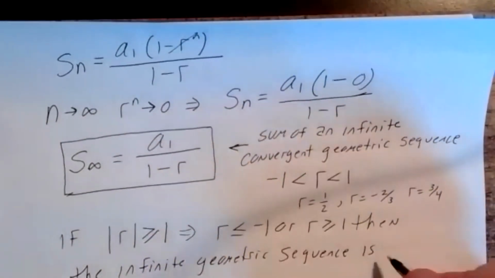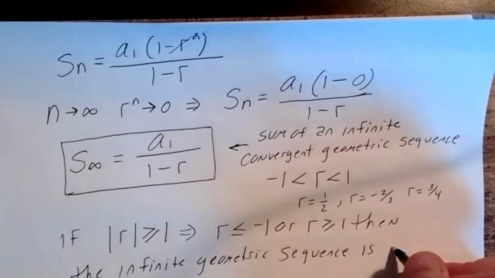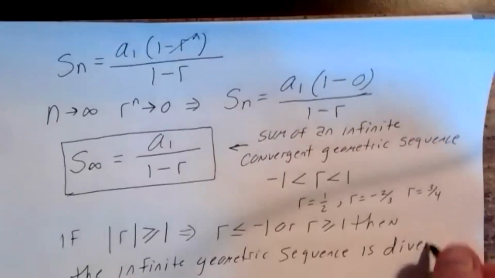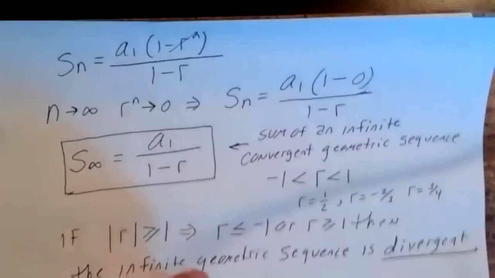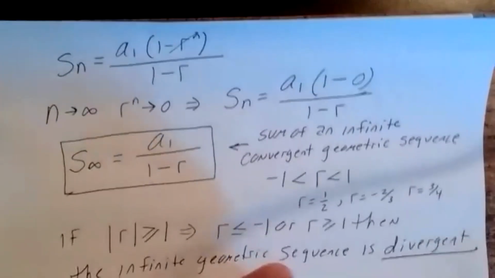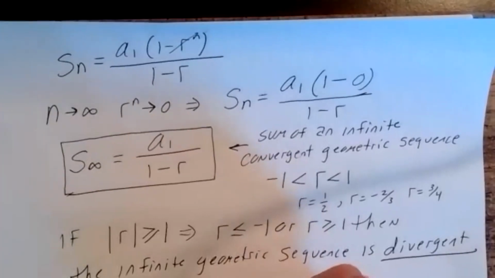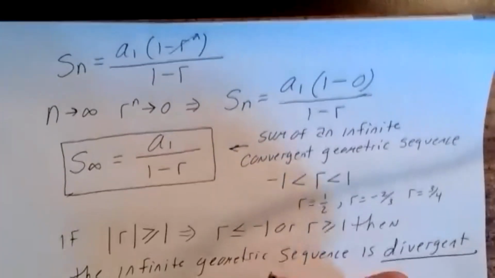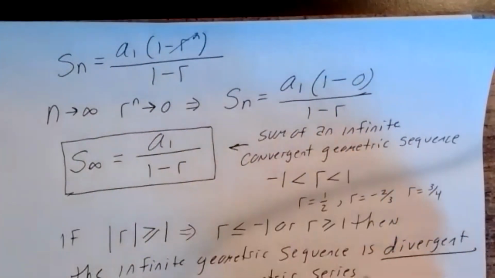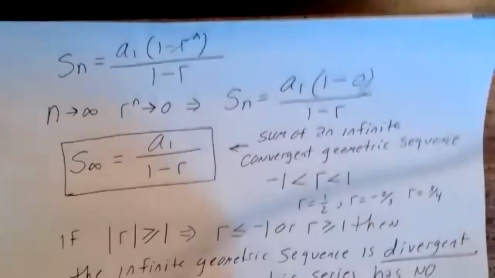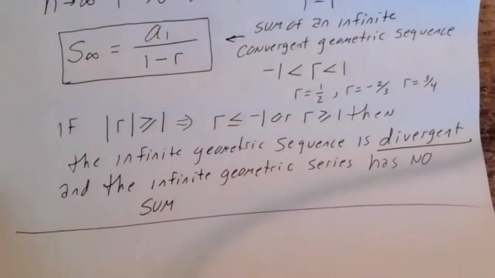Convergent or divergent? Divergent. And the infinite geometric series has no sum. It doesn't exist. Okay, there's no sum, does not exist.